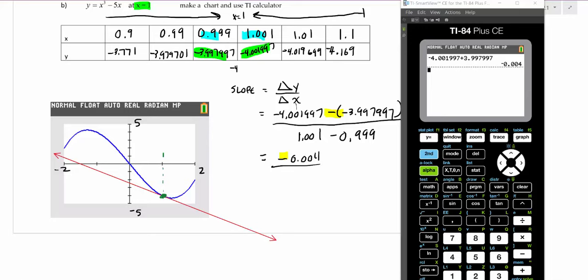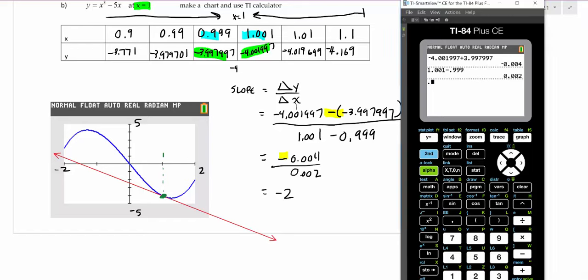And then the denominator you're going to do 1.001 minus 0.999, and that will give you this. And then this one, again, you can do pretty much in your head.